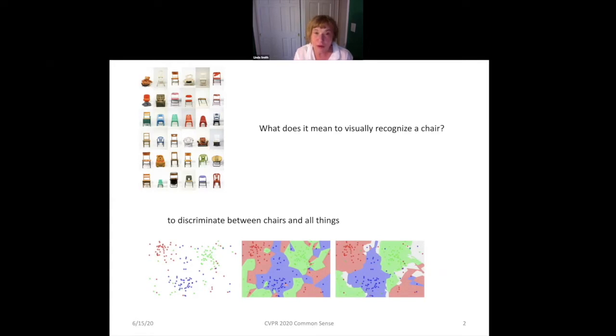Now, the most dominant attempt to answer this question, at least right now, both in the study of human adults in experimental psychology and in computer vision, defines the basic task of recognizing a chair as discriminating between chairs and all the other kinds of things.